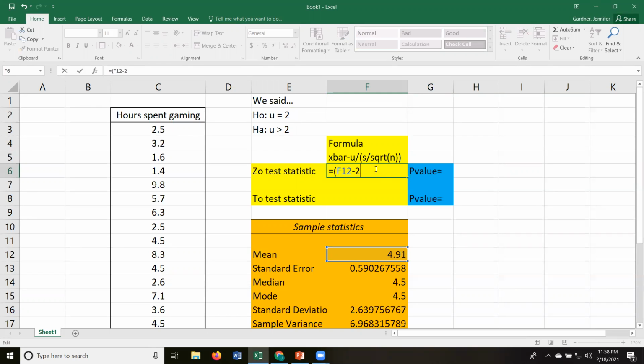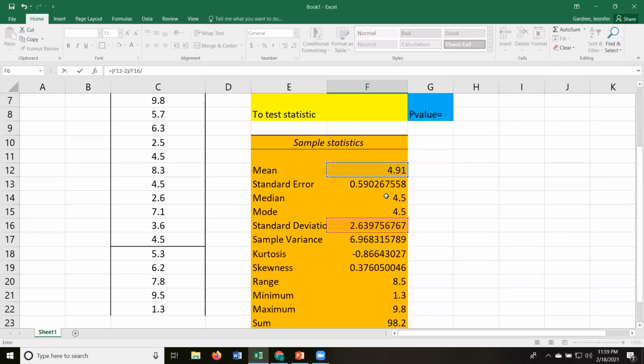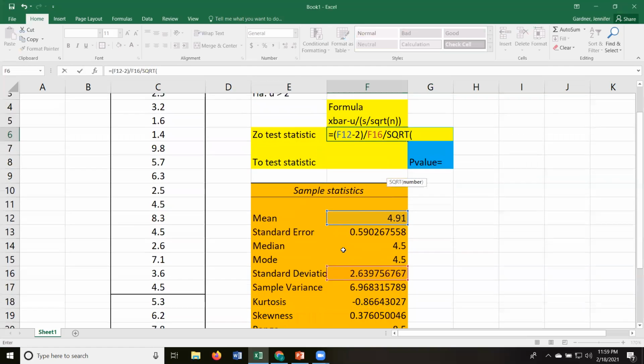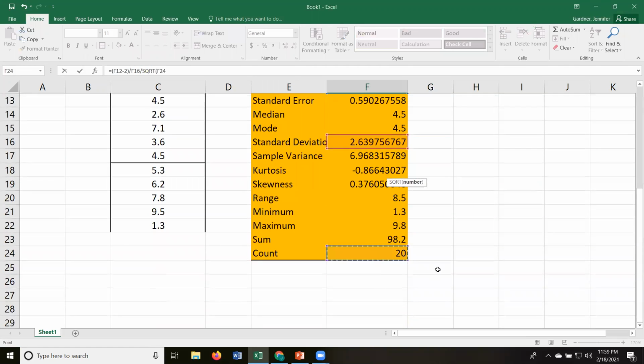I'm going to put parentheses around these. And just to be clear, x bar minus the population mean. Divided by the standard deviation over the square root, SQRT, it comes up right here, SQRT, and then we have to put in n, 20.